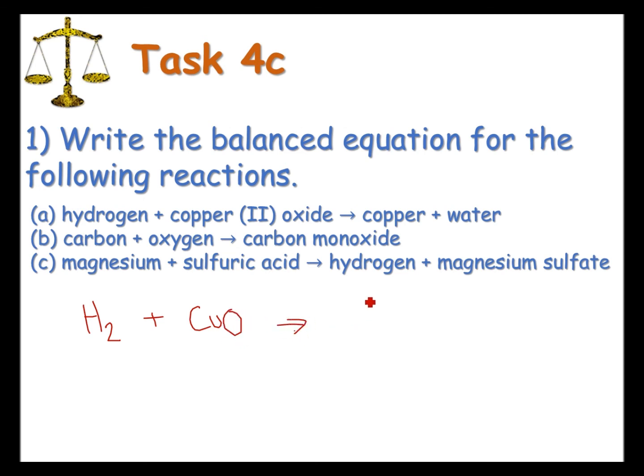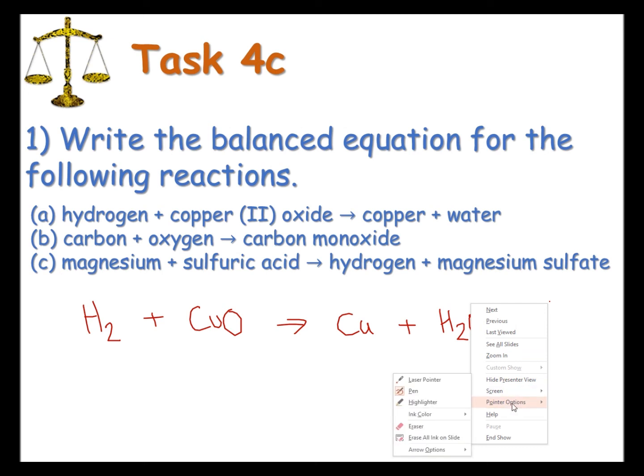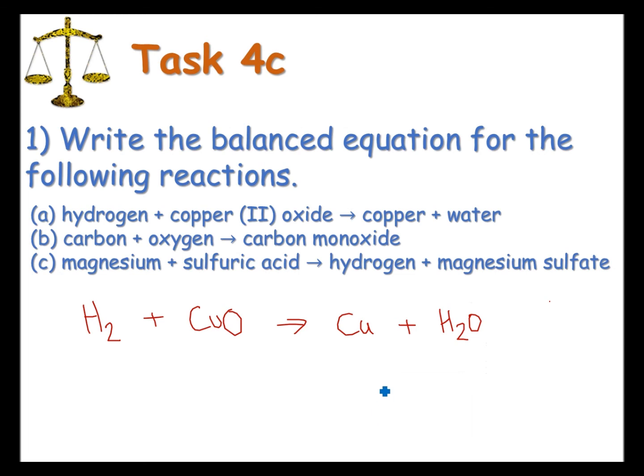This is going to combine to make copper, and copper being a metal in its simplest form is just a single copper atom. Combine this with water, which has the chemical formula H2O. So now that I have my H2 and my CuO combining to form copper and water, let's go ahead. I'll switch up my color here, make things clearer to break these apart.